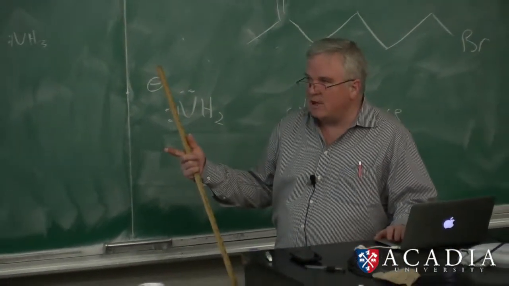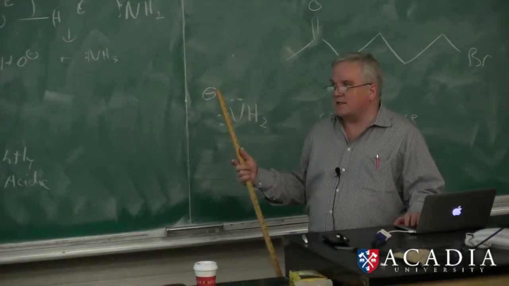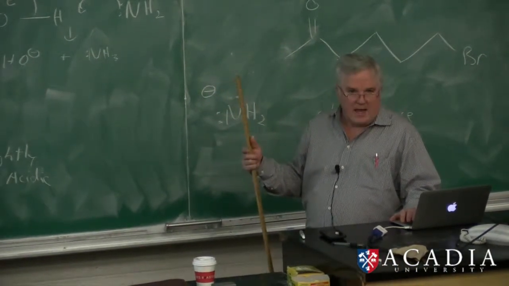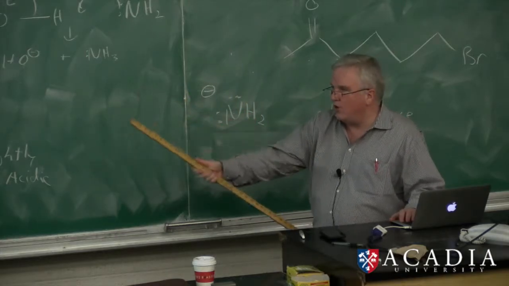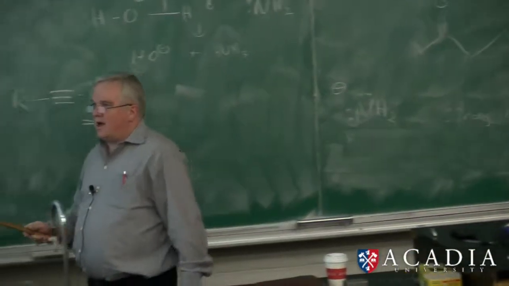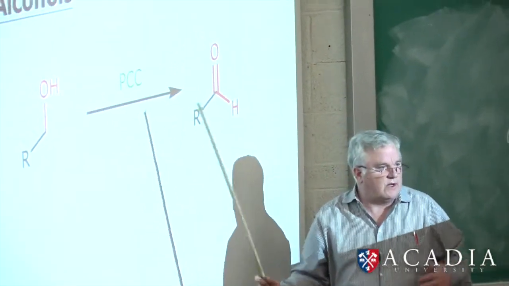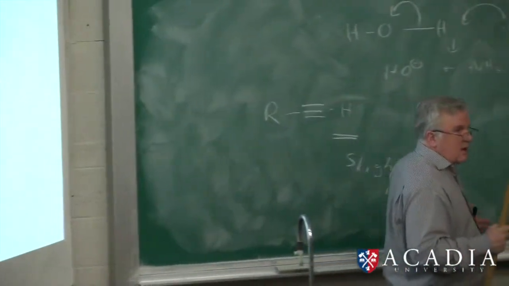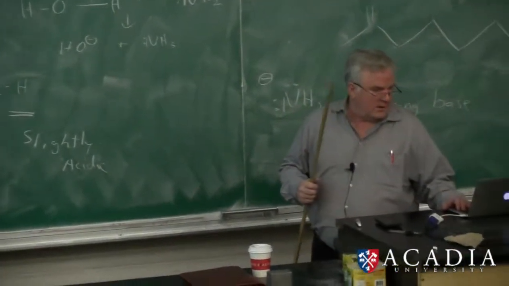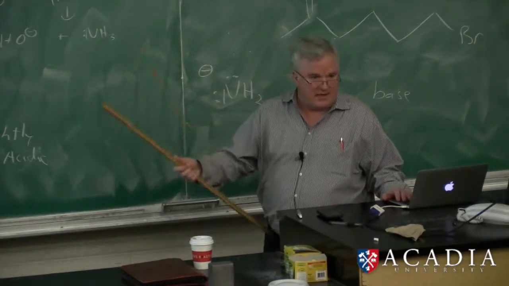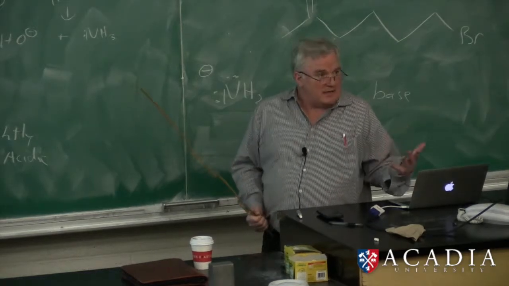We've already talked about some of the ways we can make them. We can oxidize alcohols to get aldehydes and ketones. We already know that although we can oxidize a primary alcohol to get an aldehyde, we have to use special reagents, so we avoid going too far to the carboxylic acid. A lot of this is review, a reaction from last semester.